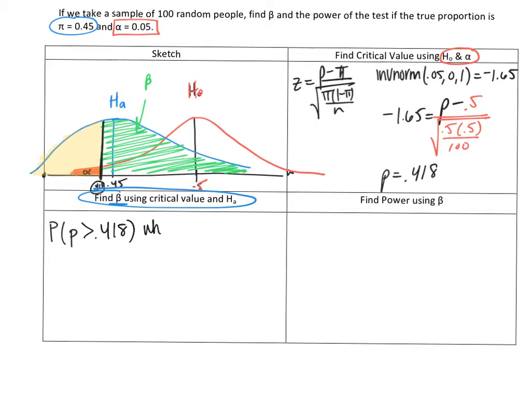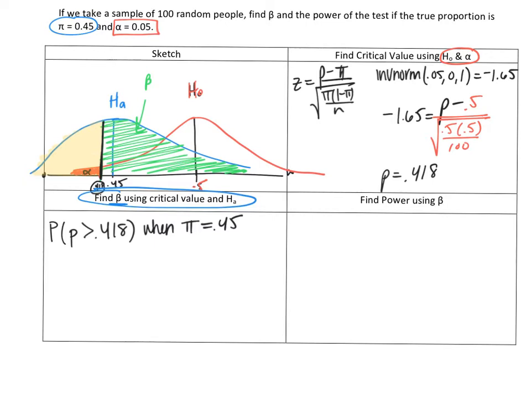And remember, this is when I'm using pi as 0.45 since I'm centered at the alternate because I'm assuming the alternate is true. So basically, we just use the null and alpha to get the critical value, and then we throw it away because we've already said if we're finding power and beta, we don't consider this to be true. We consider only the alternate to be true.